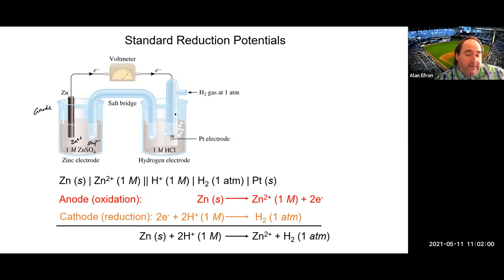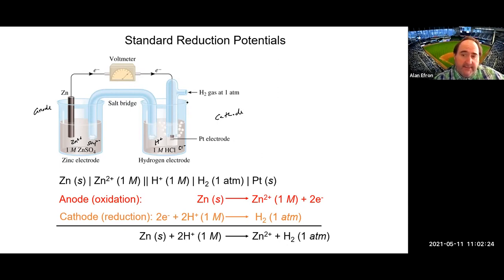Over here, on our cathode side, we have a different sort of electrode hooked up. This is the hydrogen electrode. In this case, we're using hydrogen gas as the electrode, along with some hydrochloric acid supplying H+ and Cl- in the solution.